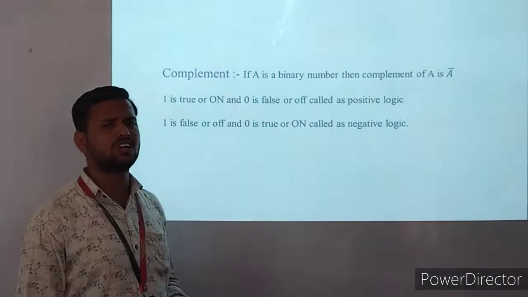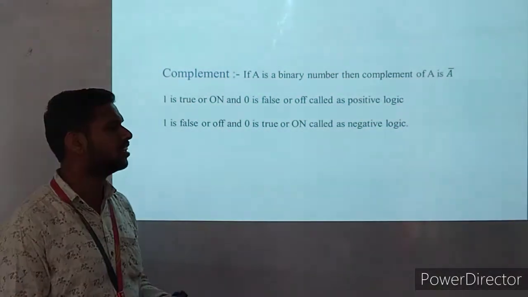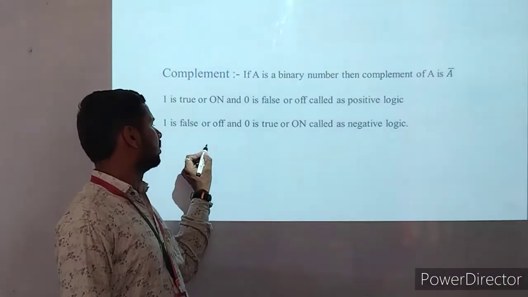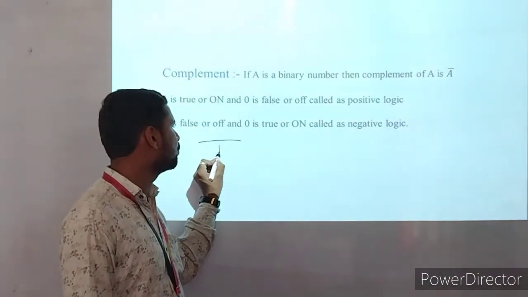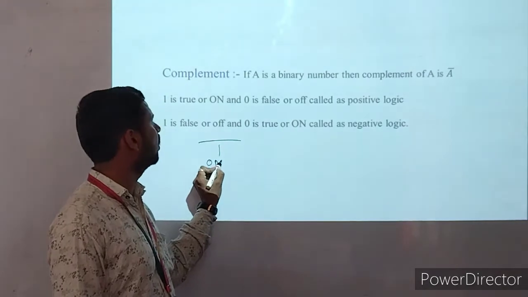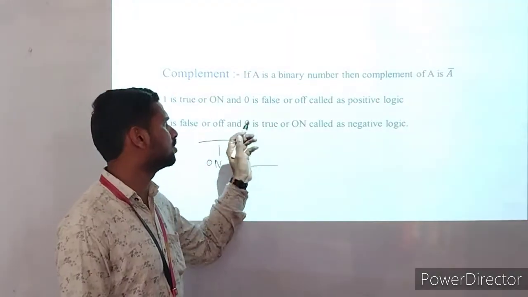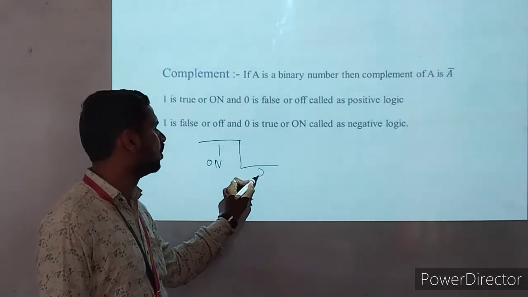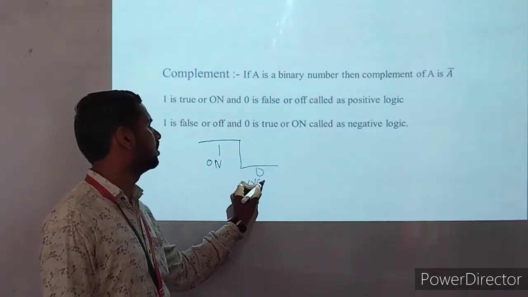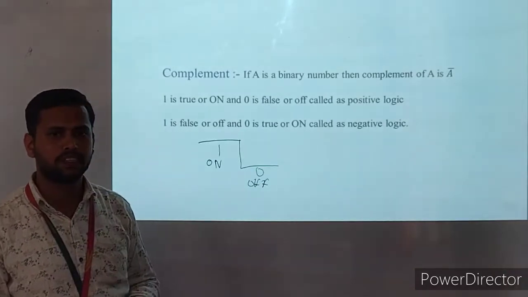Another is the positive logic, where we use the high voltage, that is a 1 or on, and false means off, which is equal to logic 0. That is the positive logic.